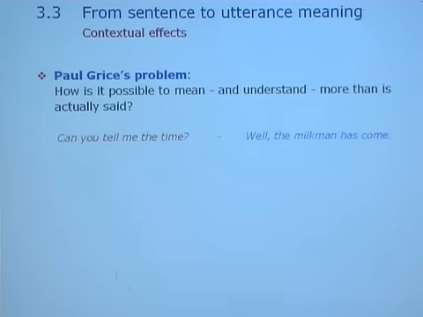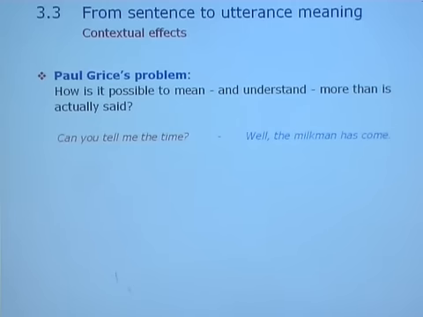And this is, if you like, Paul Grice's problem. Paul Grice, he's famous for the so-called cooperative principle. So later in pragmatics you will come across this concept.